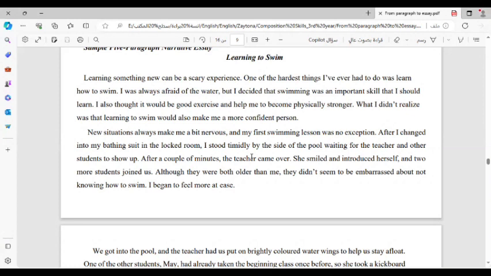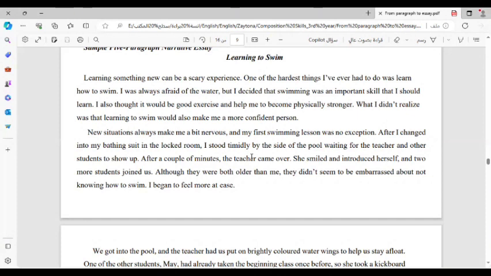When we say timid, for example, when I say he is a timid child, it means that he is a shy child. Okay, so he doesn't have the courage or confidence. So I stood timidly. So I stood in a position that lacks confidence or courage.